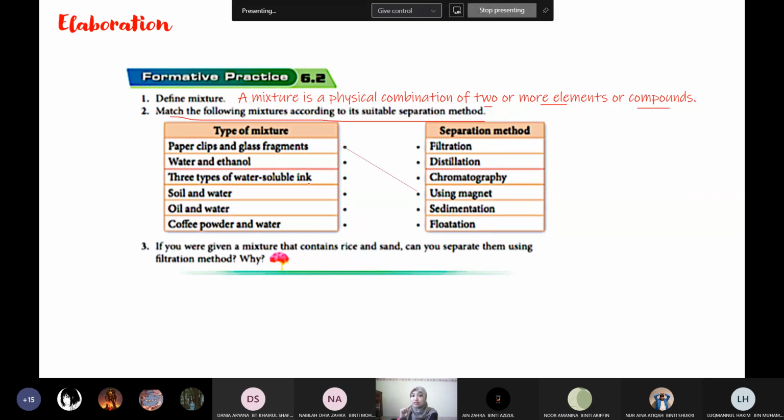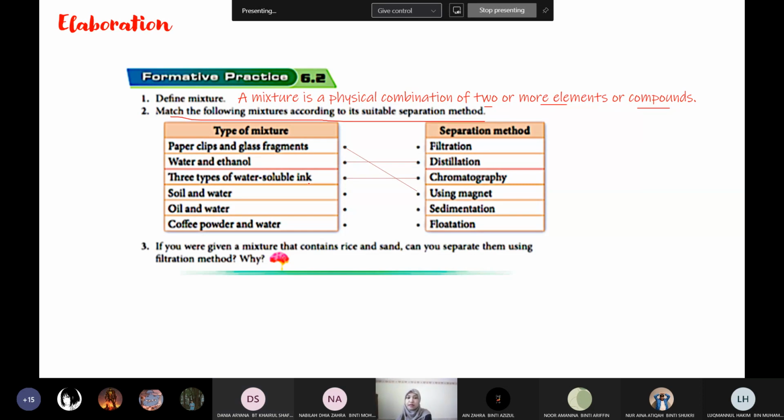Okay, next, water and ethanol. Distillation. Yes, you are correct. What about 3 types of water insoluble ink? Chromatography. Very good. What about soil and water? Sedimentation.